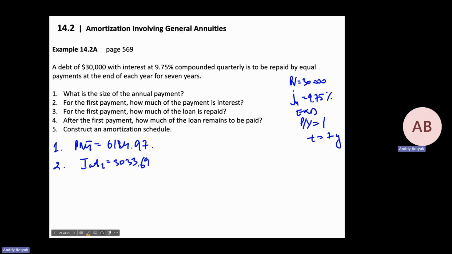We need to find P, and what is P? 1.0975 exponent 4, minus 1. Zero point 4508 35306, and we take 30,000 times P.